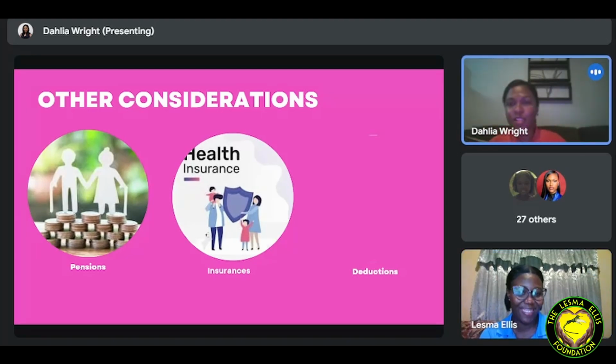So there are other considerations that we have to take, right? And the biggest one, which I am a big proponent of, is pensions. Now, only 10% of persons in Jamaica who are working have an active and working pension. Please do not be part of that 90%.